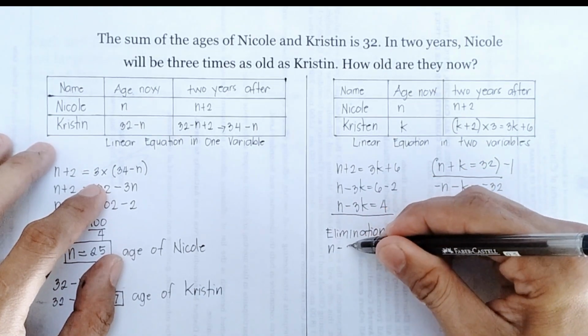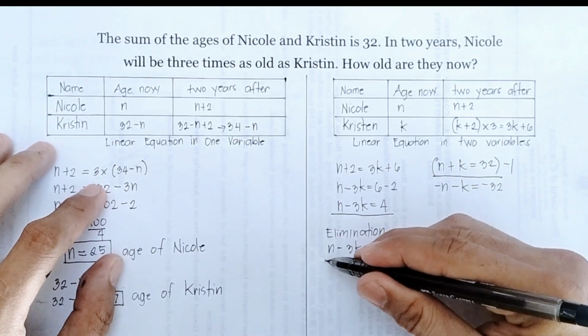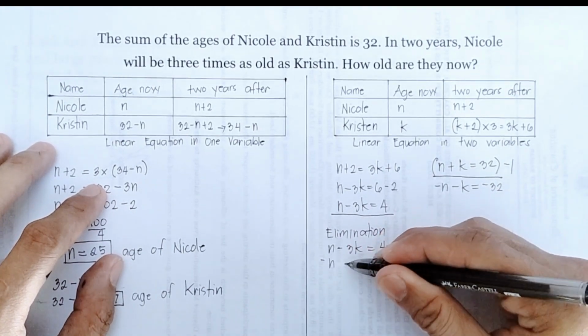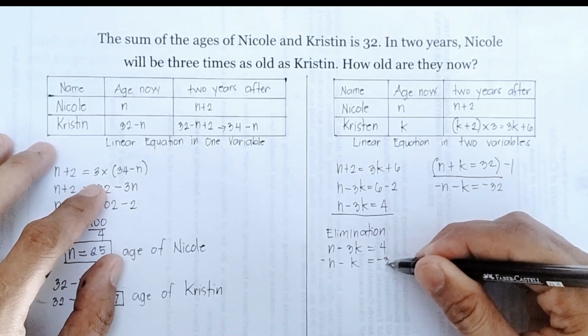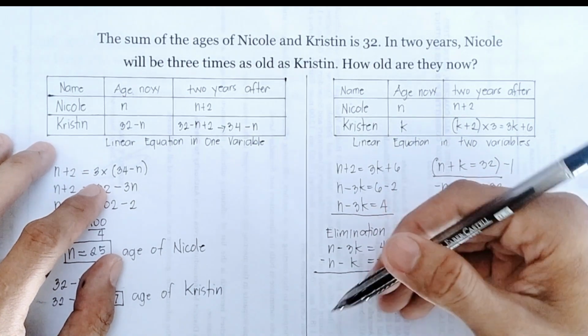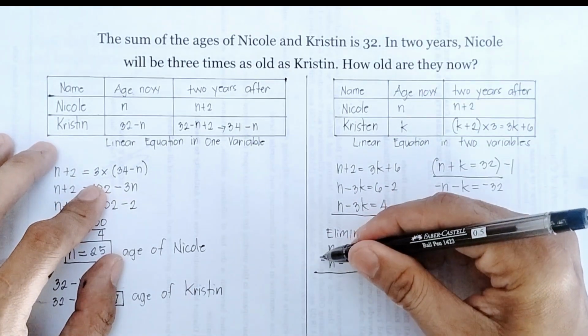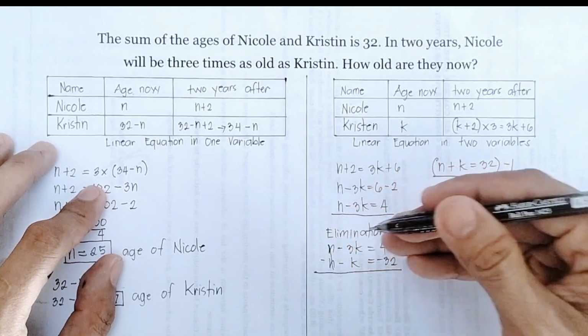So we have N minus 3K is equal to 4. And the other one is negative N minus K is equal to negative 32. Okay, so it's important that the terms with the same variable should be aligned. So N here, K here. Okay, so now we can eliminate N and negative N, because if you add N and negative N, that equals 0. So if you're gonna add, that will cancel.